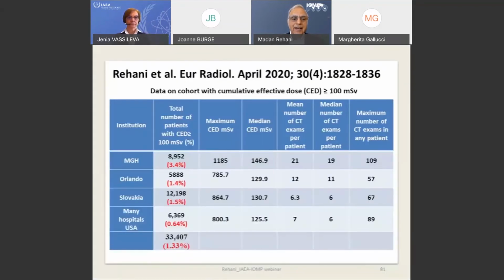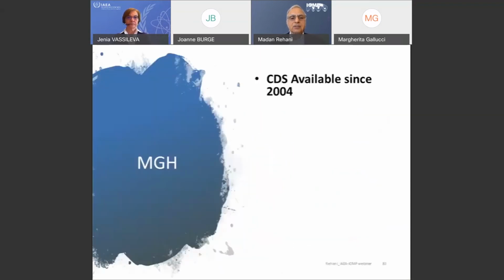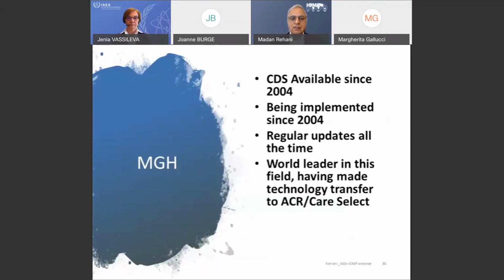So with that in background, we have seen this in the previous slide, and let us go further. We have at our hospital the clinical decision support in place. The optimization is there. Still, our values were highest as compared to others. So that shows that the CDS has been implemented since 2004, with regular updates from time to time.